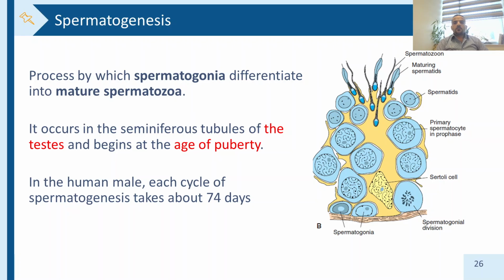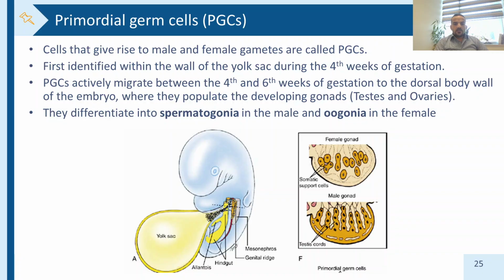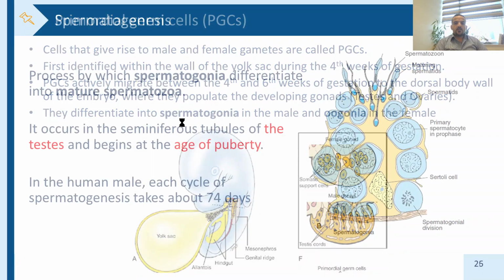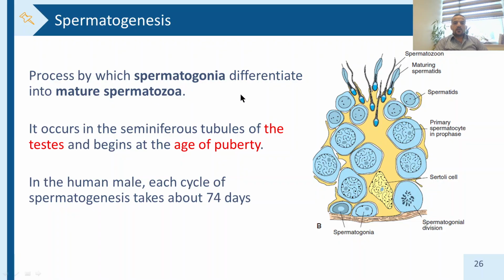Now we're going to talk about the process of spermatogenesis واللي هي عملية تحويل السبرماتوغونيا into mature spermatozoa. Spermatogonia هي ال germ cell once arrived in the testis we call them spermatogonia والspermatozoa هي ال mature sperm we call them spermatozoa والمفرد مالتها spermatozoon. وين تصير هاي العملية؟ It occurs in the seminiferous tubules of the testis. يمتى تبدي عملية spermatogenesis?